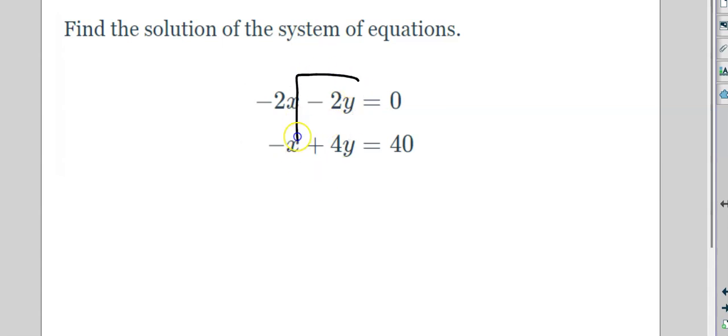So I'm going to focus here because these already have opposite signs. They just need to be the same number. So we're going to use multiplication to change one or both of these sentences. My top sentence here, I can make this term a 4 if I multiply everybody by 2. I'm not going to modify my second sentence at all.